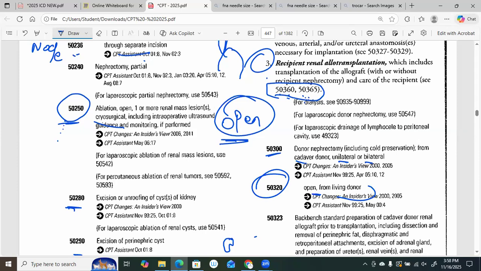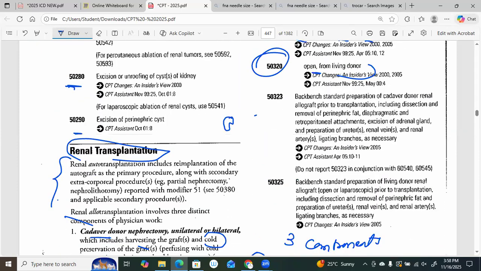Then we have backbench procedures. I've already told you these codes are based on the open and the laparoscopic approach. This one is cadaver donor. This one is living donor.